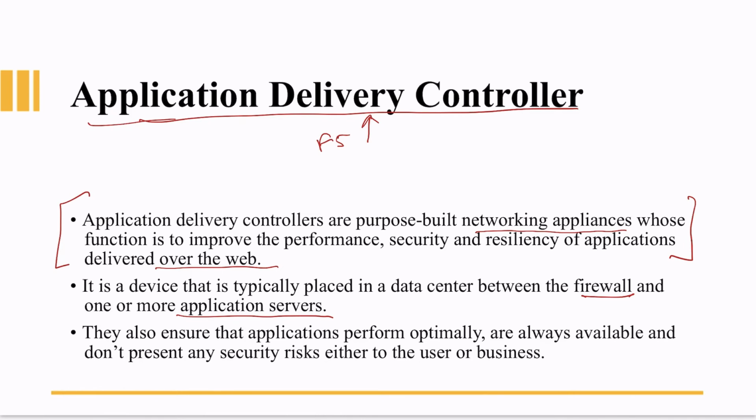It will also ensure that the applications perform optimally, are always available, and don't present any security risk or outage to business. Because people these days cannot afford to have even a single second of downtime. We have hardly seen any downtime accessing Gmail or YouTube. Even when we see downtime of even 5 minutes, it becomes news.